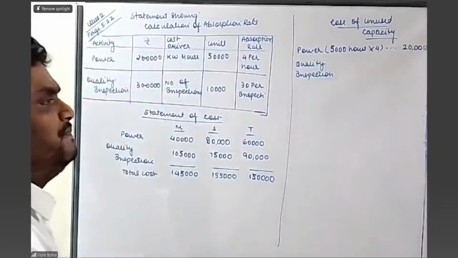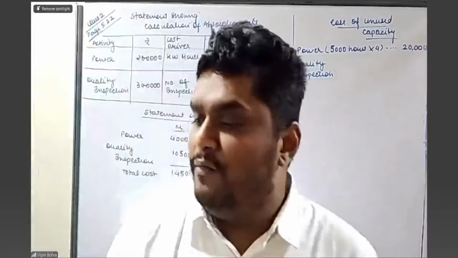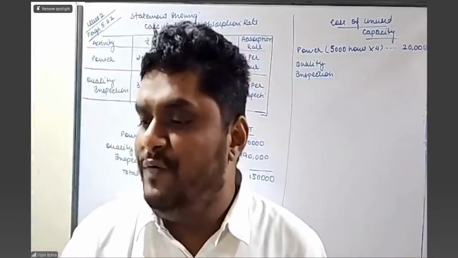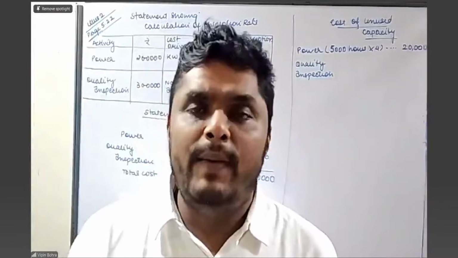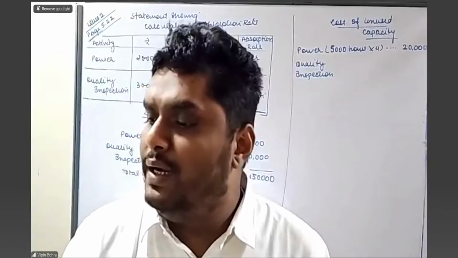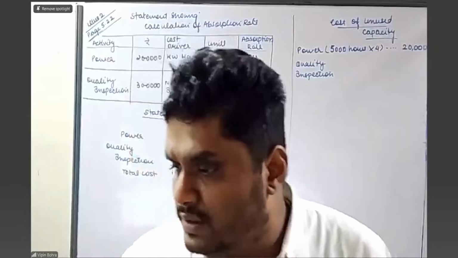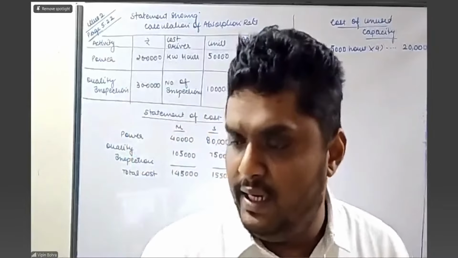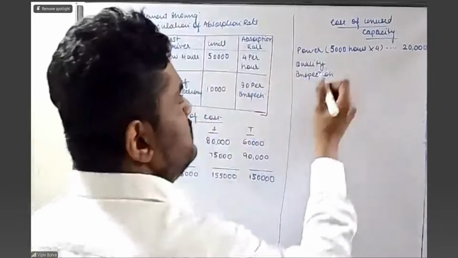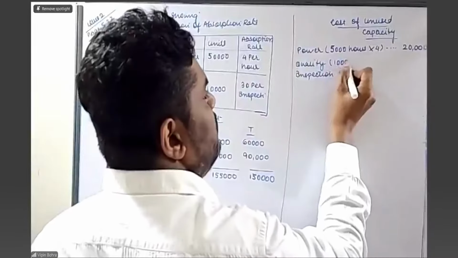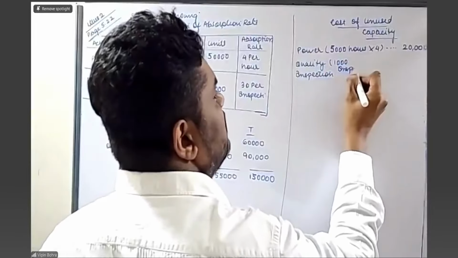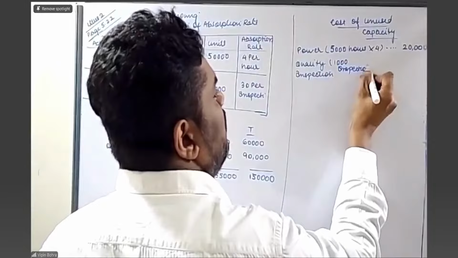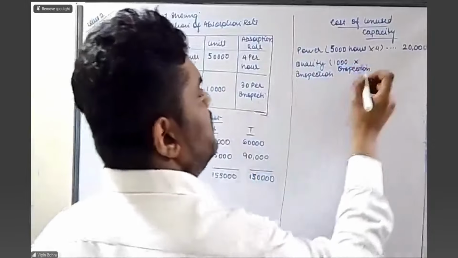And when talking about quality inspection, again very simple. The total number of inspection, we were having a capacity of 10,000. However, the number of inspections conducted were only 9,000. 3 plus 2, 5, 6, 7, 8, and 9. So 9,000. So our spare capacity is how much? 1,000 inspection, into the rate per inspection, which is 30.